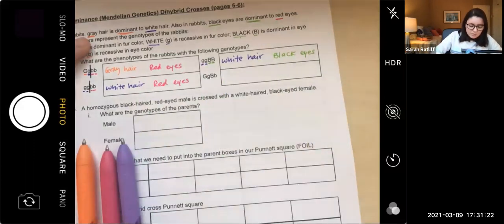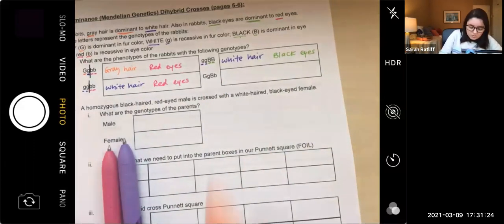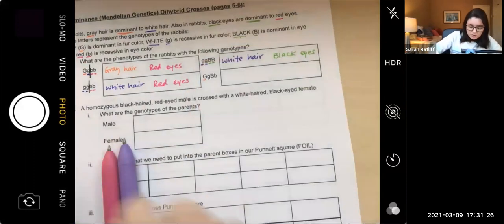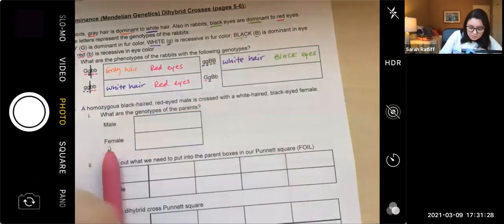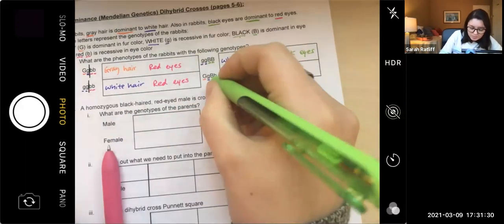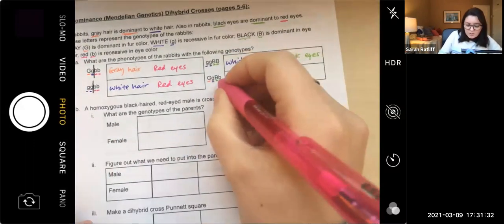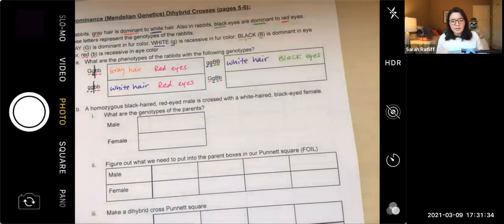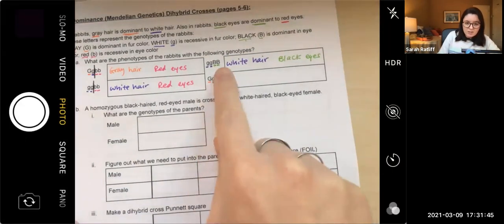All right, last practice one here. Big G, which is orange. Little g, which is purple. Big B, which is green. Now I'm flipping through my pens. And little b, which is pink. Ooh, looks like we have double heterozygousness here. Well, what does that mean for our phenotype? What traits are being expressed? What color is the hair? What color are the eyes? Well, looking at just our G's here, there's at least one dominant allele.